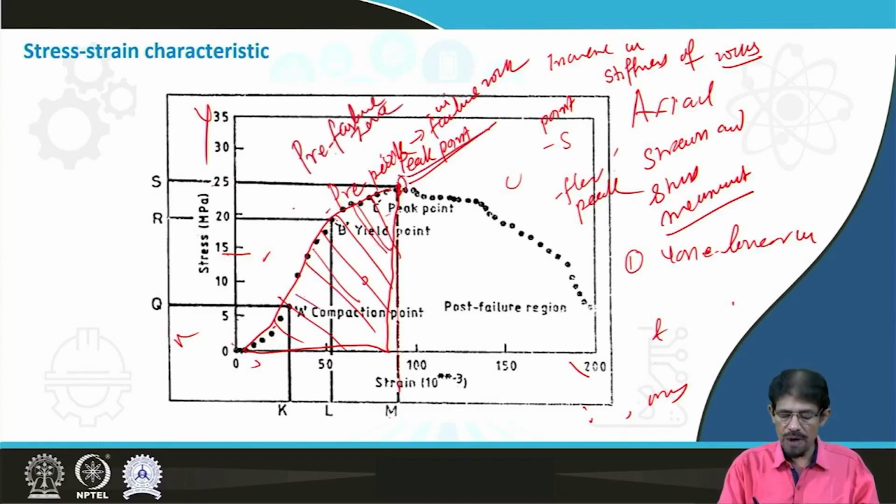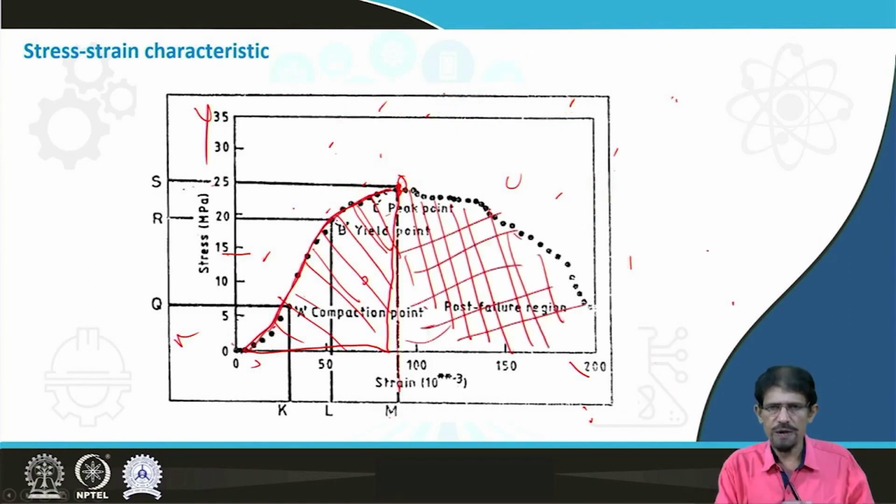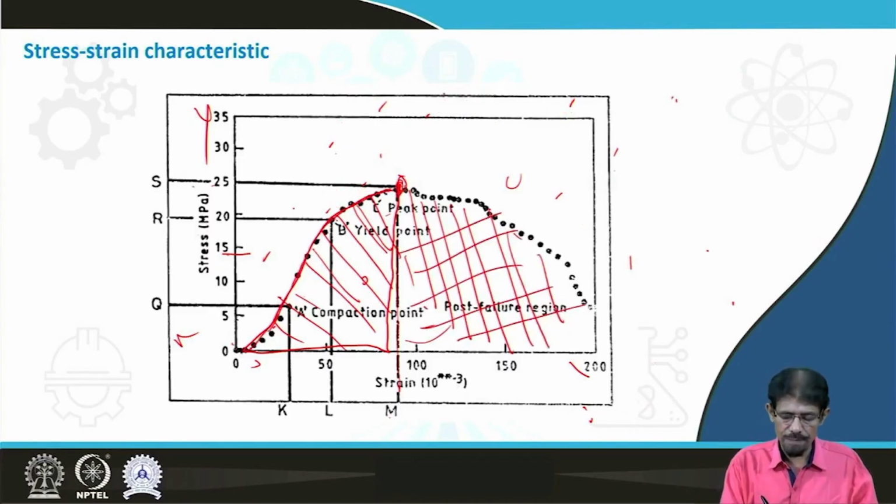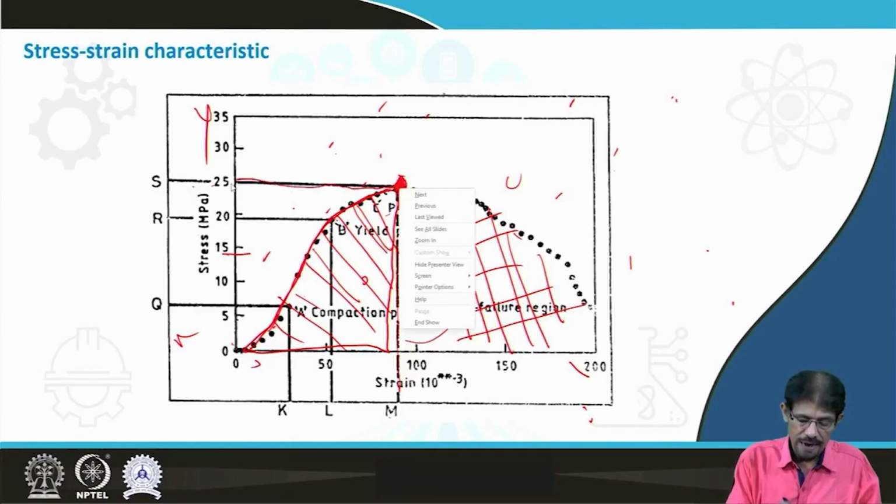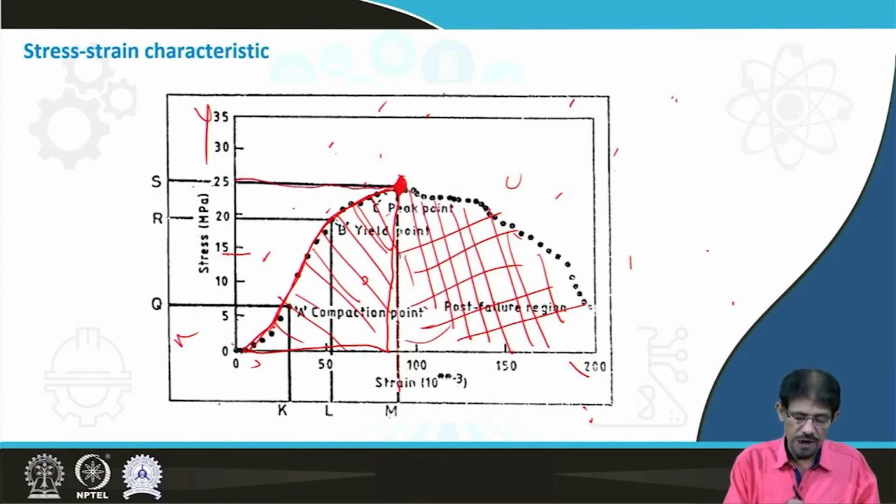After the peak point or failure point, we can say that this is the post-failure region. If we draw a line from this peak point onto the stress axis, we can say that this is the maximum stress.